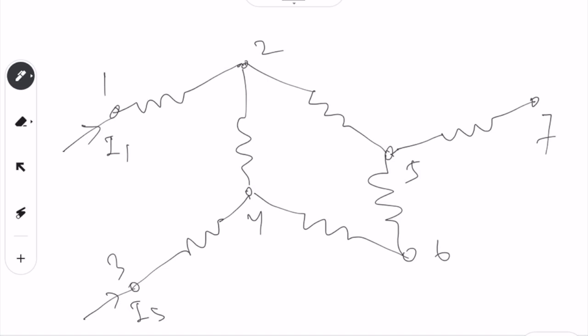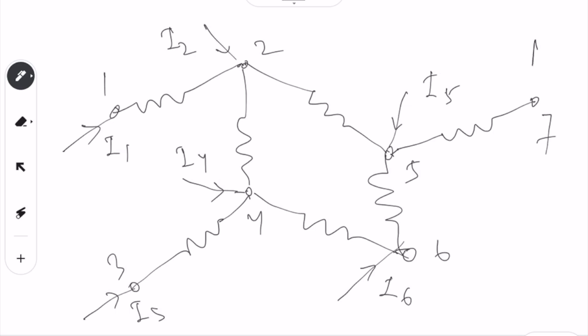Here, if there is a current coming from outside, you will call it I4. Is a current coming from outside here, I5. This will be I2, for example. Any current coming to this node, say I6, and any current coming to this one, I7.